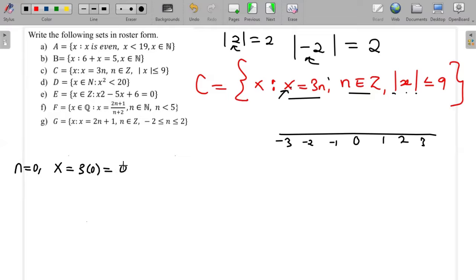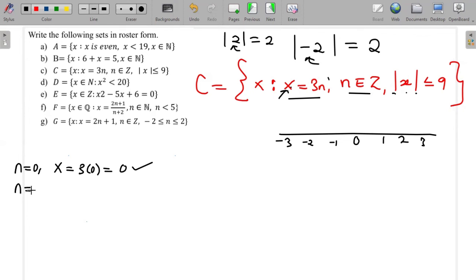This will just be 0. Now if I take the modulus of 0, is it going to be less than or equal to 9? The answer is yes. So I'm going to take this as one of the values that I'm going to put in the set C.